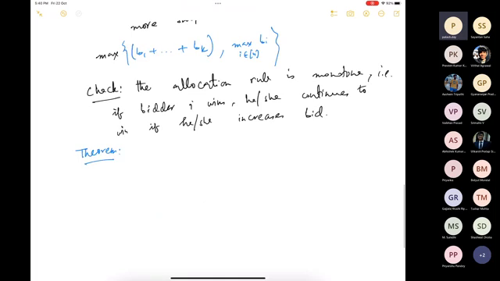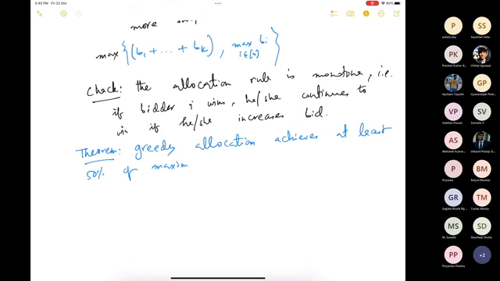The greedy allocation achieves at least 50% of the maximum social surplus.